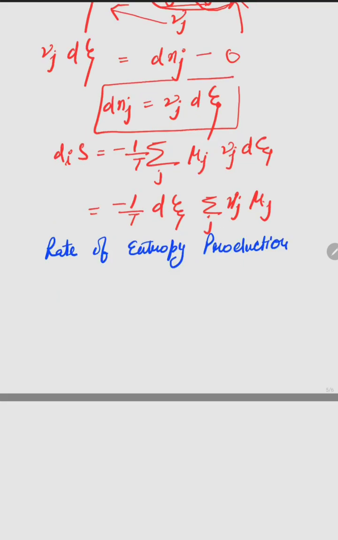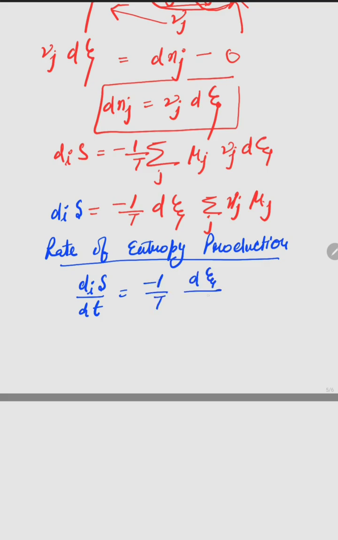Next is the rate of entropy production. Rate of entropy production is the change in the entropy with time. Entropy is given by this expression and its rate is given by the change with time. On the right side, simply differentiate chi with dt, everything else remains the same, nu_j into mu_j.